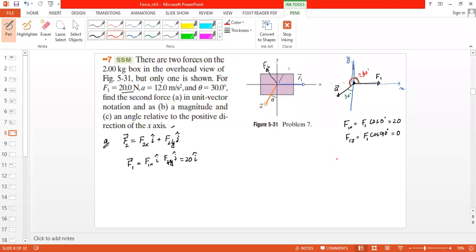So acceleration has two components again. The x component of my acceleration is a cos 240, because 240 is the angle it makes with the x-axis. A cos 240 equals what? Tell me, a is 12. What is the value of cos 240? Does anyone have a calculator? No?